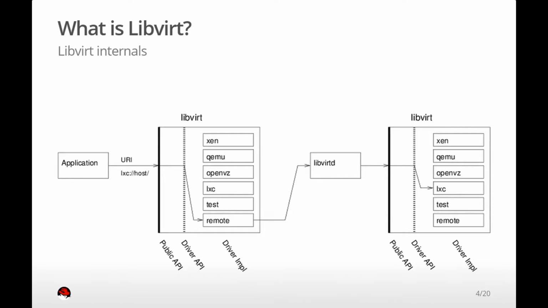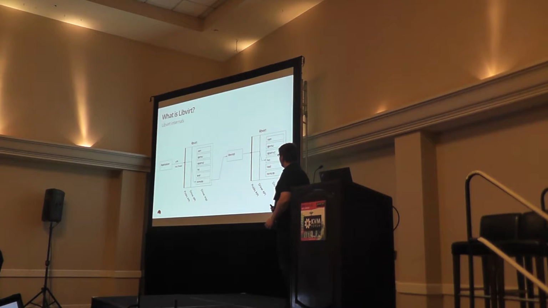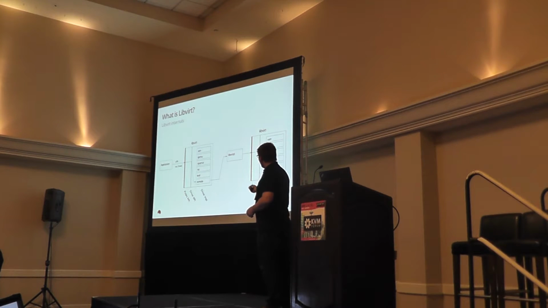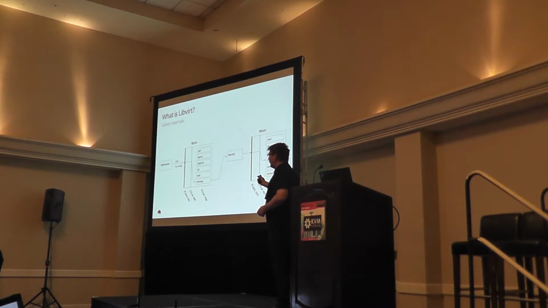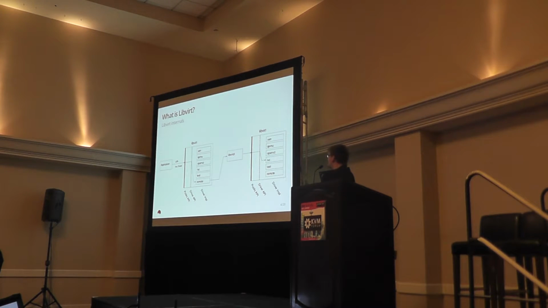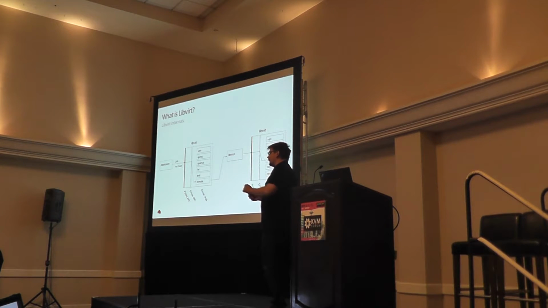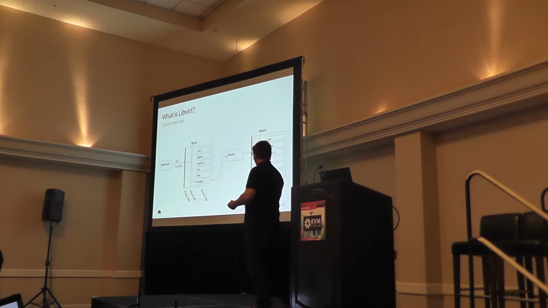Just a very quick introduction into Libvirt internals. This picture will show you what is basically done under the hood when an API is called. So we have an application here which suddenly called a Libvirt API. As you will see later, every API has an argument. Either directly it will get a connection object, or indirectly it will get another object where the connection object is hidden.